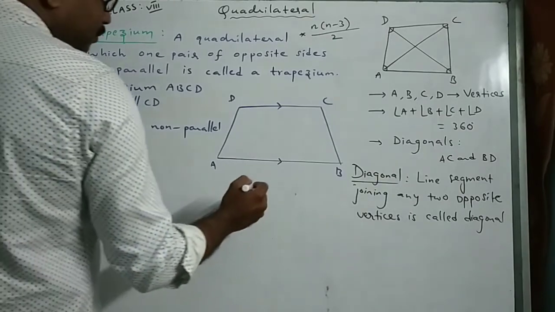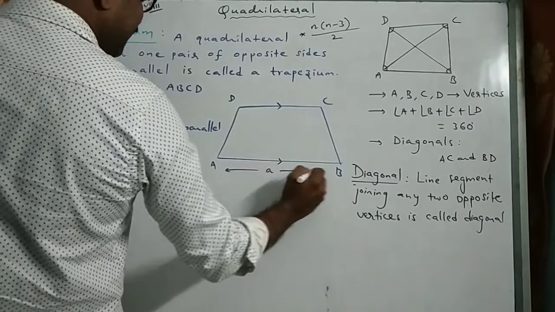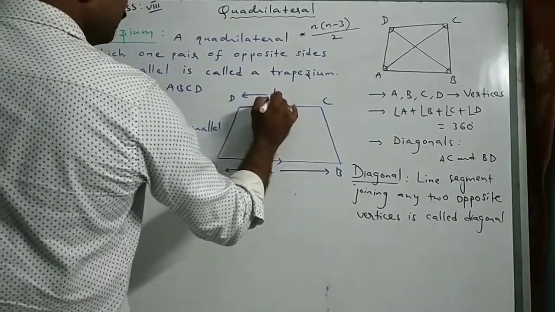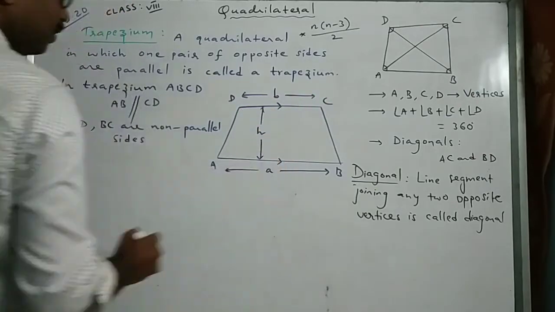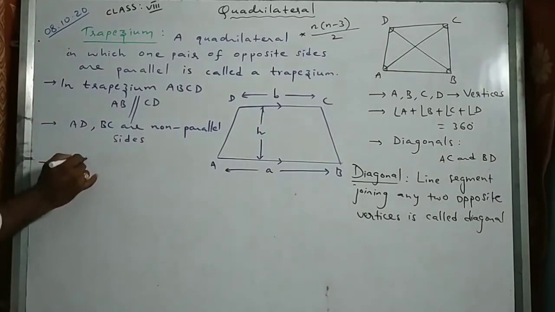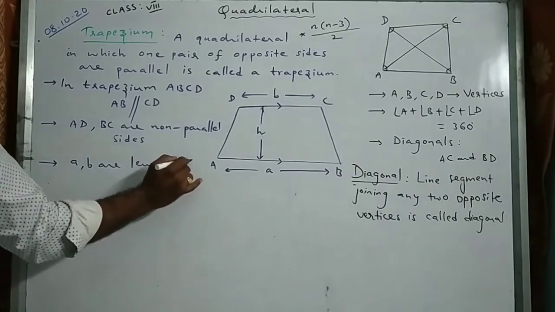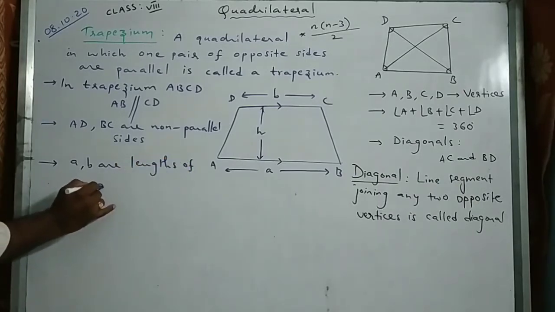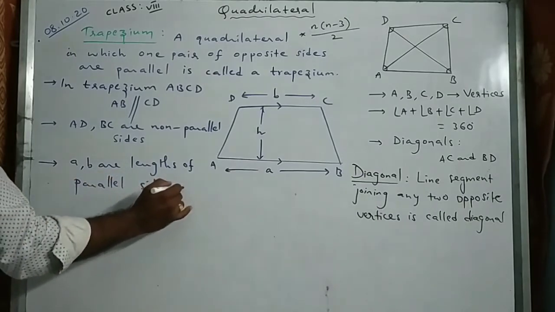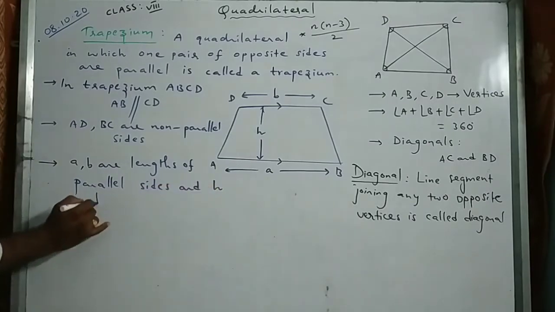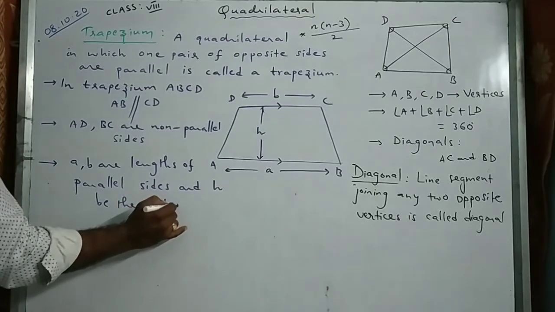Now I'll take the lengths of the parallel sides as a and b, and the height of the trapezium as h. So a, b are lengths of the parallel sides, and h is the distance between them, or height.